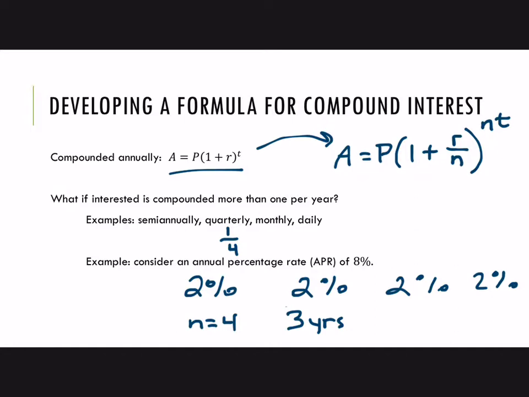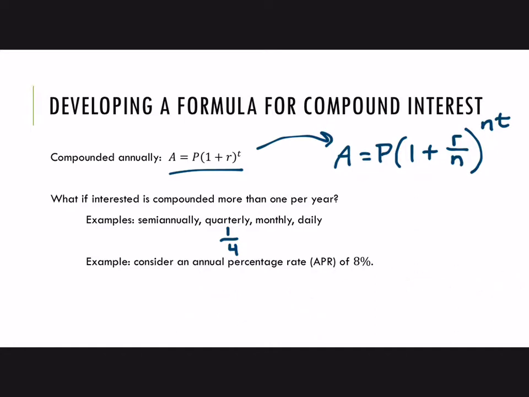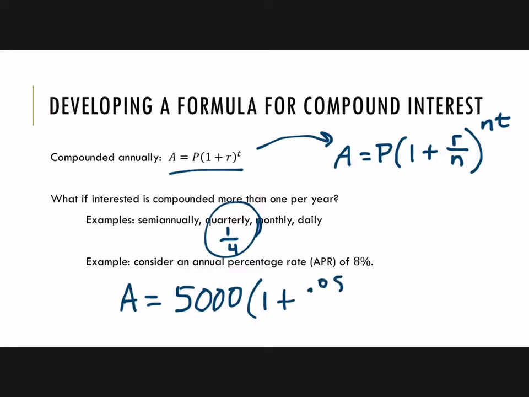So let me fill in the specific numbers in this example with the annual percentage rate of 8%, and we'll go with interest compounded quarterly. So in that situation, we would have the principal, and I will use the 5,000 again, times 1 plus the rate of 8%, but we're only getting a quarter of that each time it's compounded.